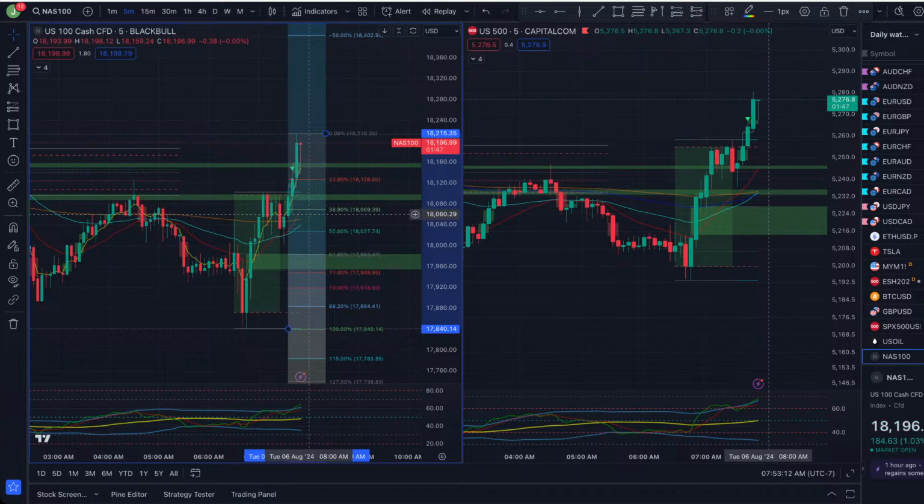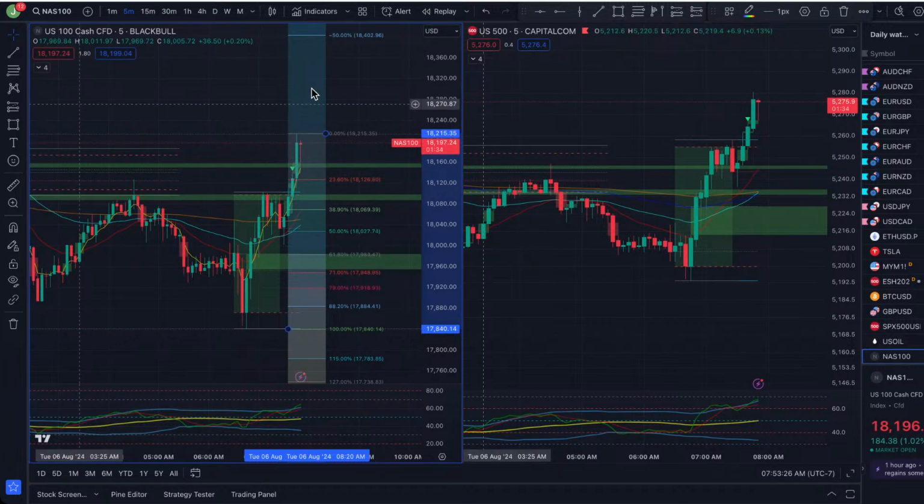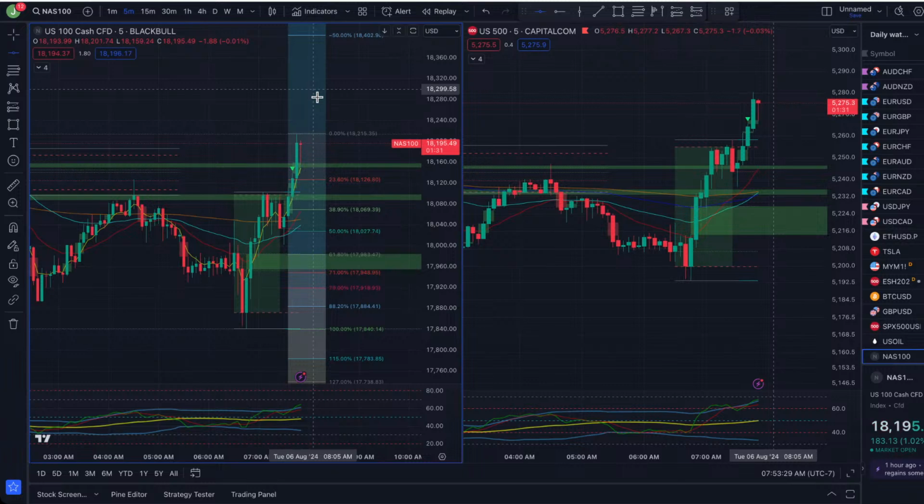I want this to look obvious. On the high end, as far as what we could be aiming for, our first zone of interest would be 18,273.